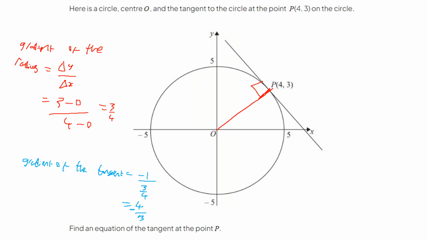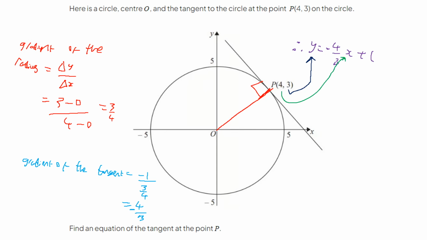And so therefore, this tangent here has equation y equals minus 4 over 3x plus c. What is c going to equal? Well, we're just going to sub in this 3, and we're also going to sub in this 4.